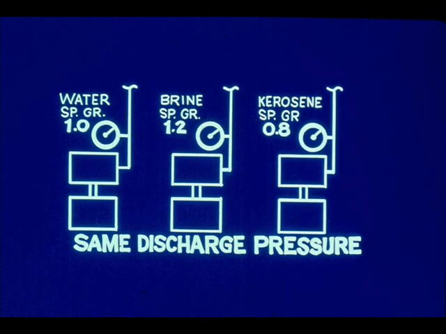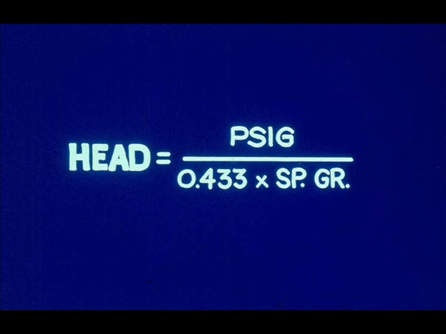Note that it was not necessary to know the specific gravity of the liquid being pumped. The discharge pressure of a steam-driven reciprocating pump is the same for any liquid. But discharge heads are different. Head equals psig over the product of 0.433 times specific gravity.